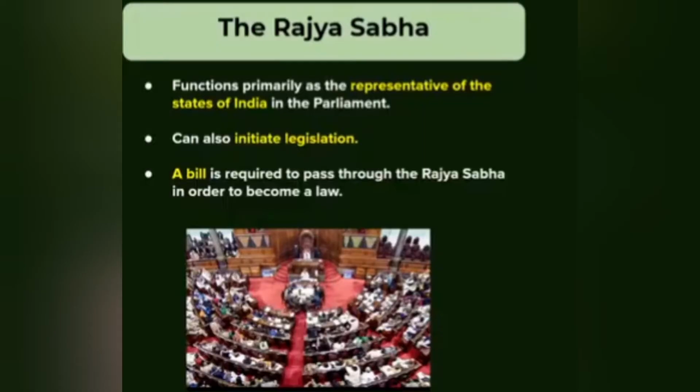One third of its members retire after every 2 years, and fresh elections are held for the vacant seats. The Vice President of India is the Chairman of the Rajya Sabha. A deputy chairman of the Rajya Sabha is also elected by the members, who presides over the meetings in the absence of the chairman.